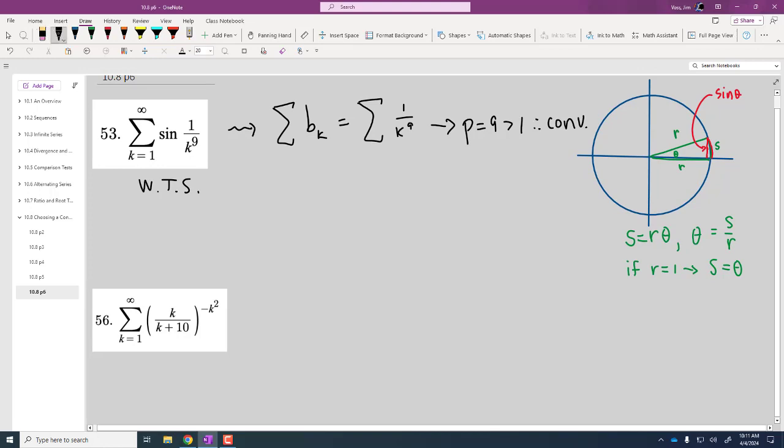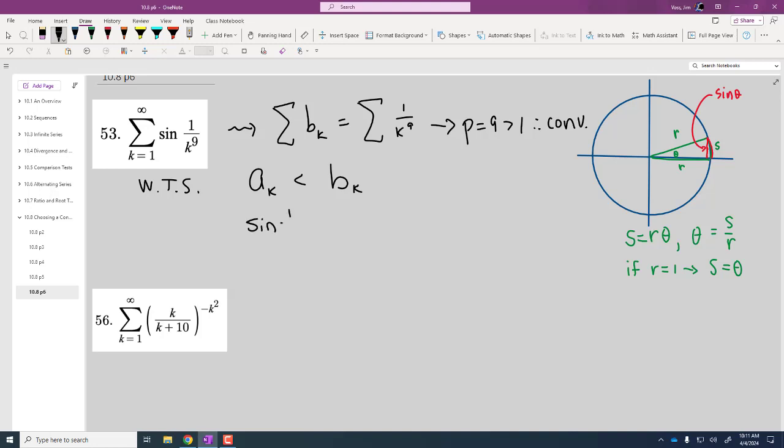So we would want to show that a sub k is smaller than b sub k. That's what we would like to show. So we want to show that sine of 1 over k to the 9 is smaller than 1 over k to the 9. That's what we want to show.